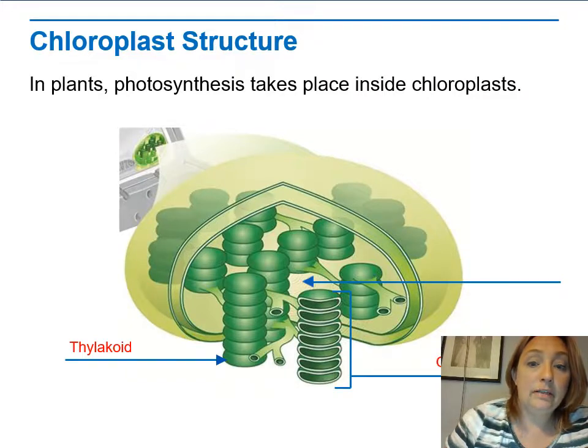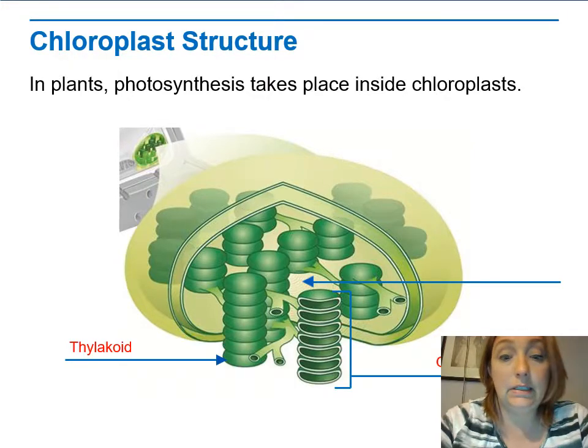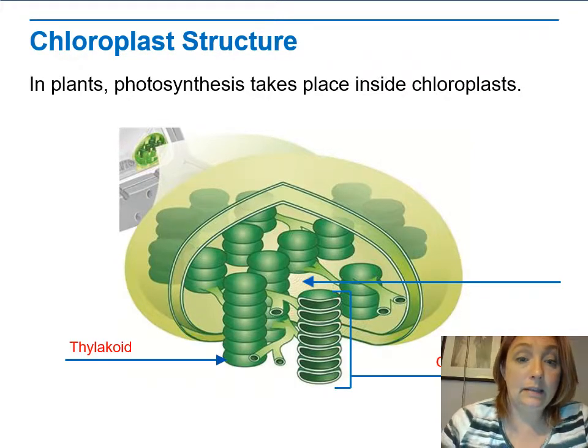The thylakoids that are all stacked up are called grana, or a granum, which is the singular. Inside this chloroplast, there are many grana. And the pigments of chlorophyll are located inside the thylakoid membrane.